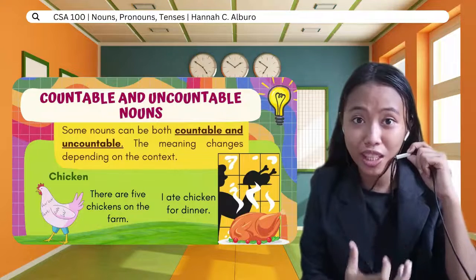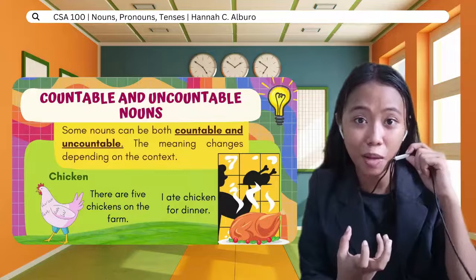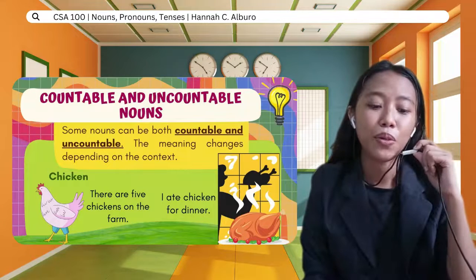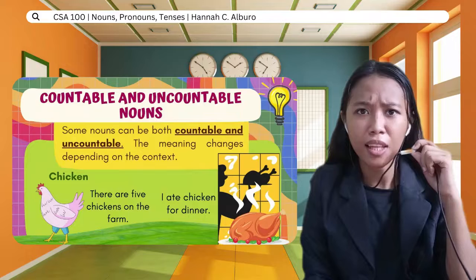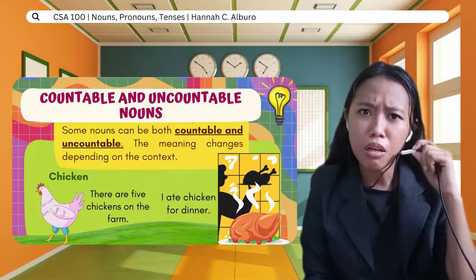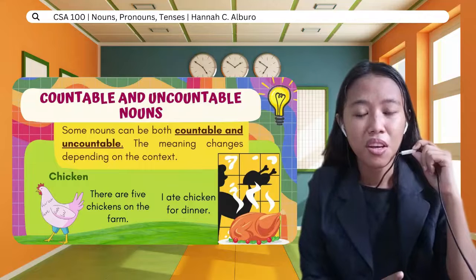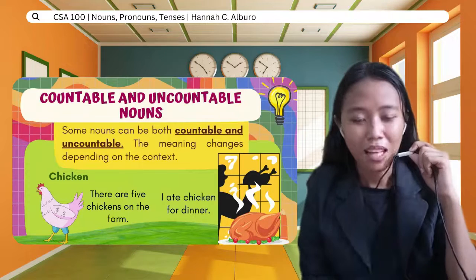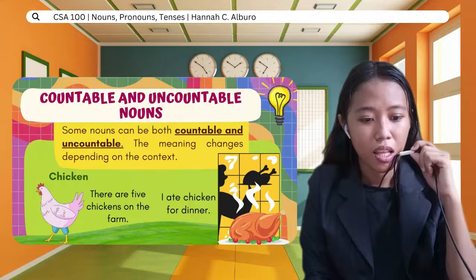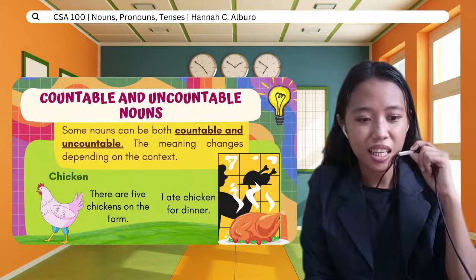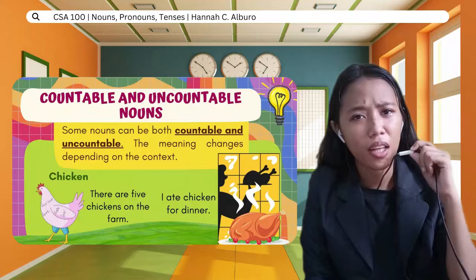If the word chicken that you are referring to is an animal. So, for the second sentence, I ate chicken for dinner. I ate chicken for dinner. 'Di ba? So, let me ask you, the word chicken in this sentence, is it countable or uncountable?